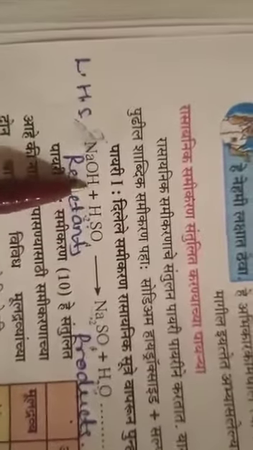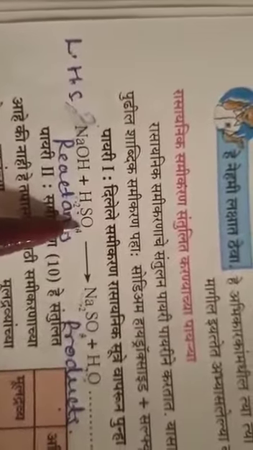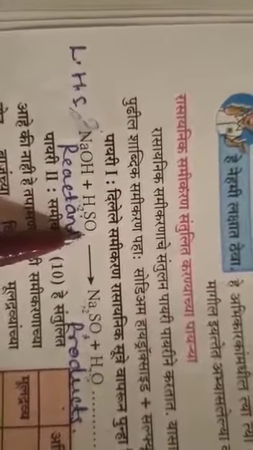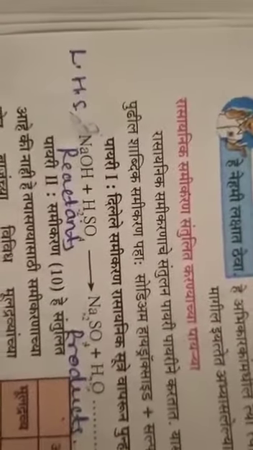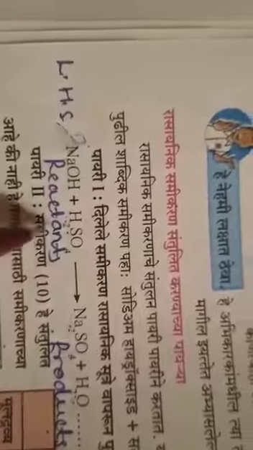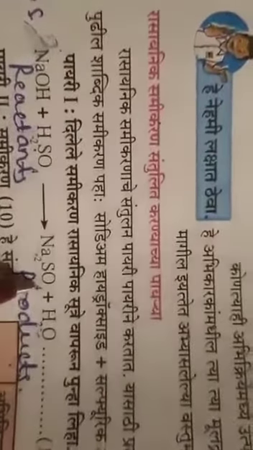So two from here and one from here, there are a total of 3 hydrogen atoms, a single sulfur atom, and 4 oxygen atoms from here and one from the other, so a total of 5 oxygen atoms on the left hand side. Then what about the right hand side?